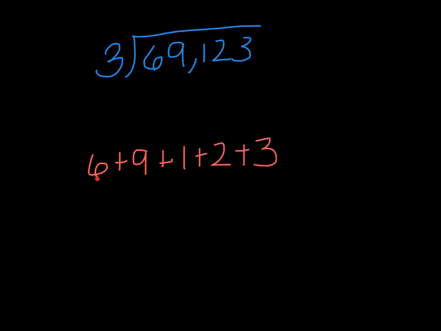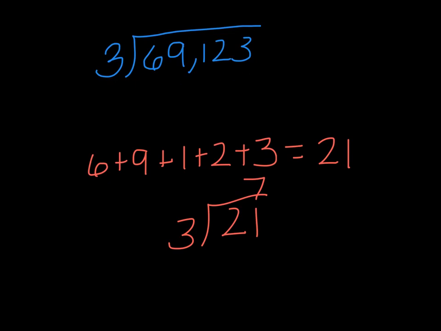So we have 6 plus 9, which equals 15, plus 1 is 16, plus 2 is 18, plus 3 equals 21. So this equals 21. 3 goes into 21 evenly because we know 21 divided by 3 equals 7. So this number won't have a remainder.